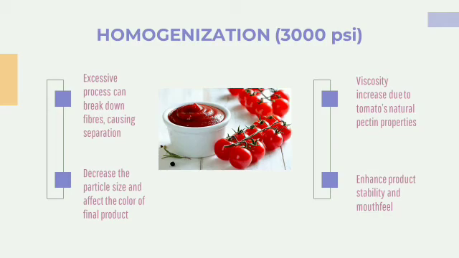Homogenization also decreases the particle size and affects the color of the final product. Viscosity also can be increased due to the tomato's natural pectin properties. And finally, homogenization also can enhance product stability and mouthfeel.